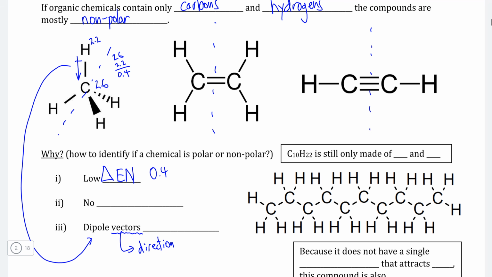This number is not particularly large because any molecule that has an electronegativity difference between two elements of less than 0.5 is generally considered to be a nonpolar molecule because it doesn't have a strongly electronegative atom to pull the electrons away from one atom to the next atom, therefore creating a positive pole or a negative pole.